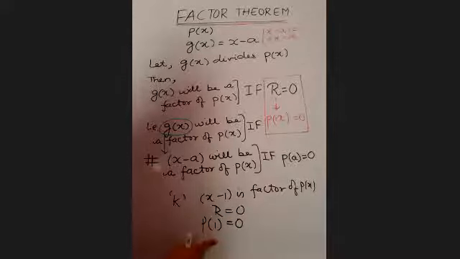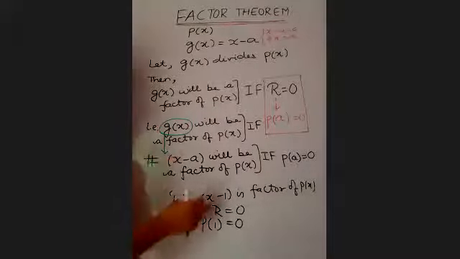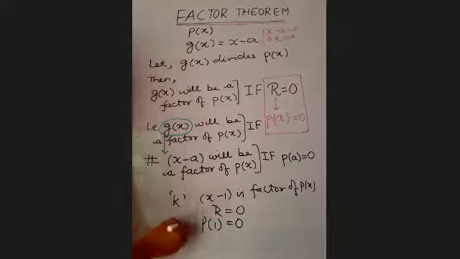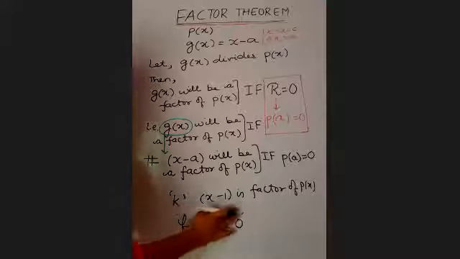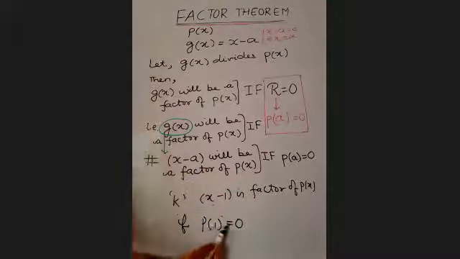This is what we were doing. That x minus a, x minus a means x minus 1, is a factor of p(x) if, instead of r equal to 0, I'm just writing p(a) equals 0. That is p(1) equals 0.